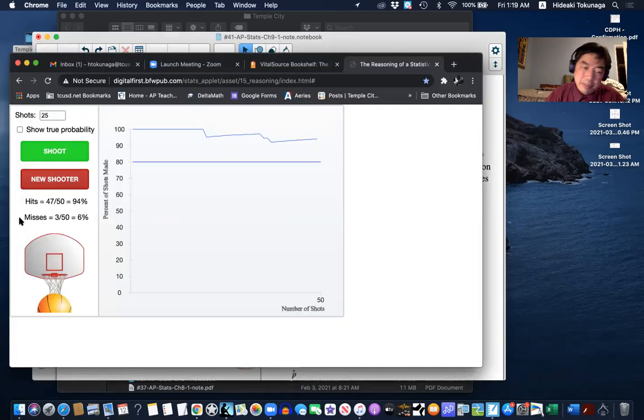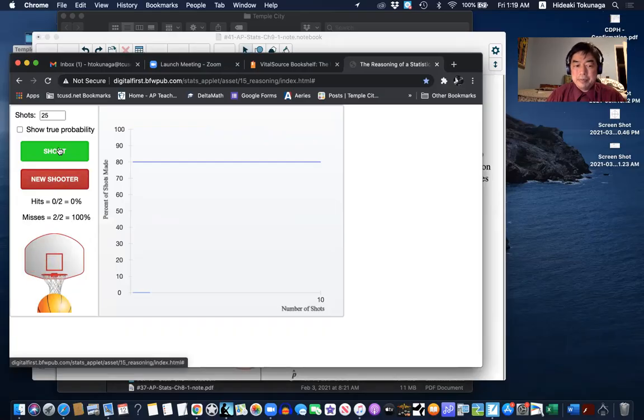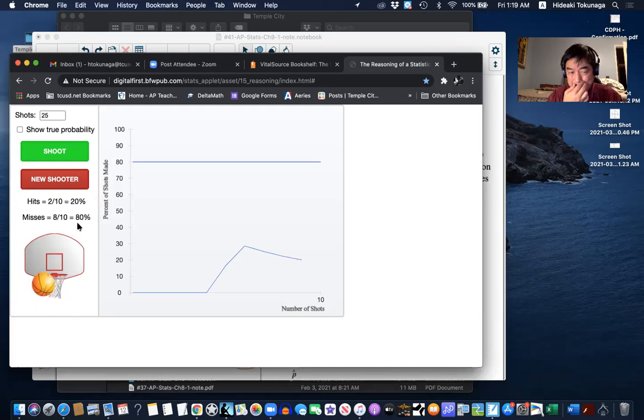So let me choose one more shooter. This is not a good basketball player, I guess. It's like me. So it's 28%.